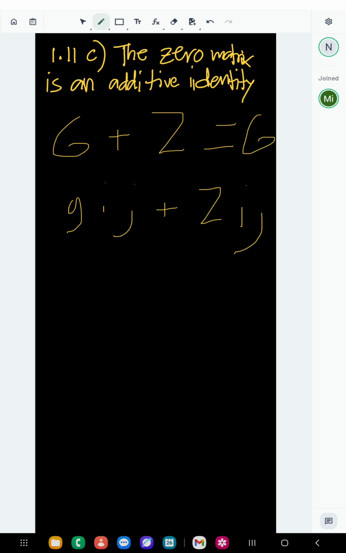You define your G first from an M by N matrix and your zero matrix. Okay, that one is correct.